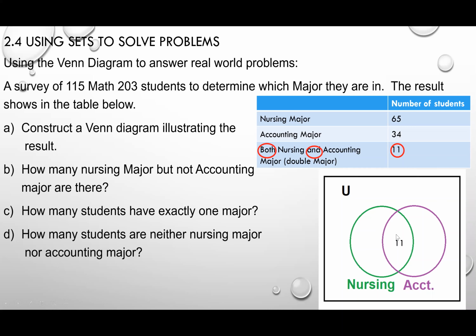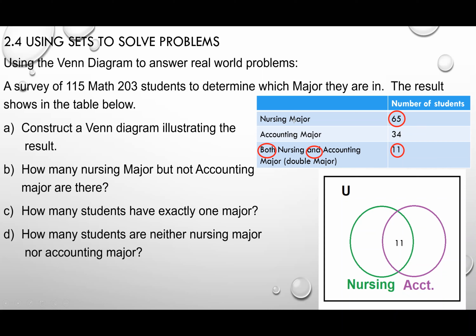The total capacity of this green circle is 65 people. Just think in terms of your elevator. In order for the elevator to move, it has a total capacity.